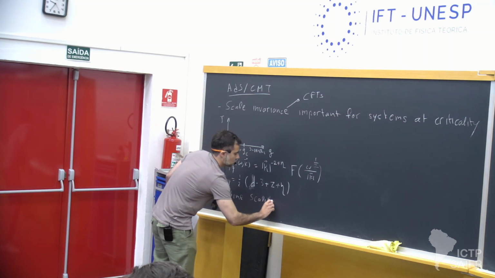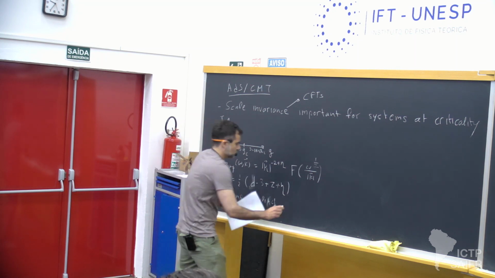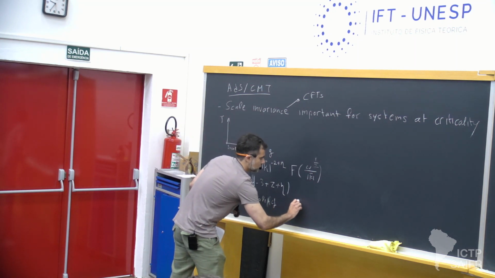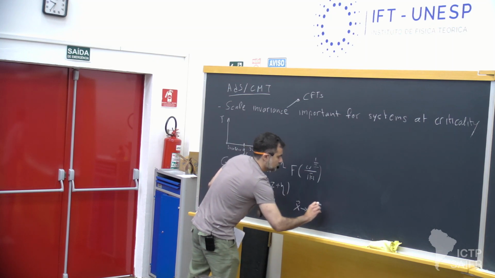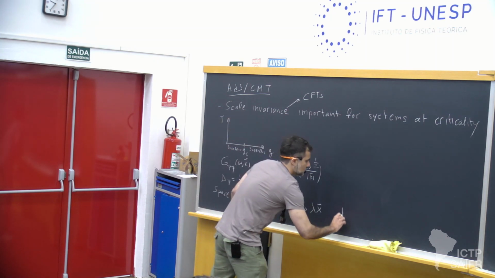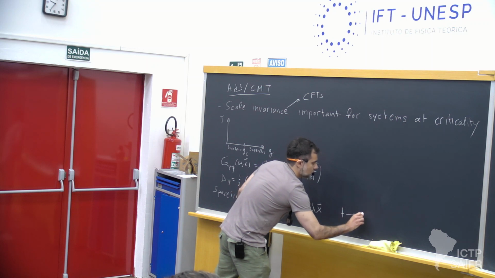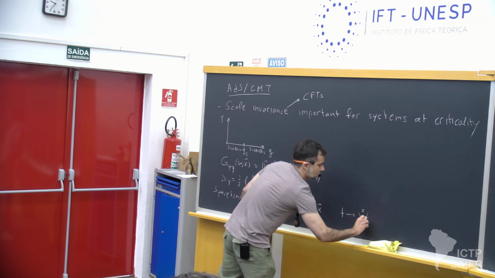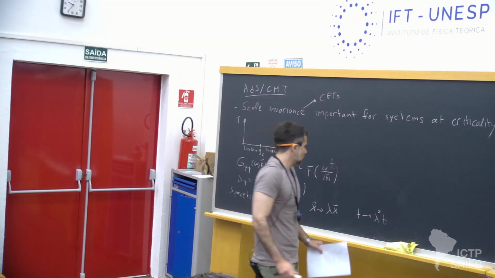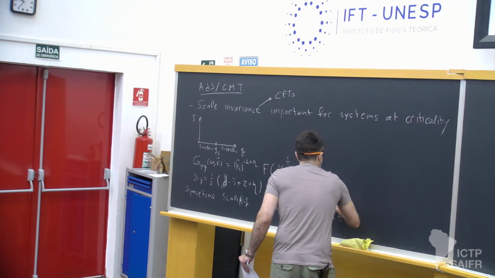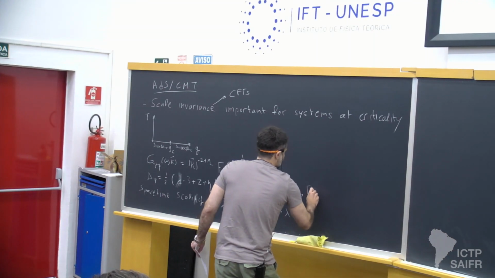if I go to coordinate space, which is telling you that the spatial coordinates scale with some parameter lambda, but time will scale with the same parameter to the power z, t goes to lambda to the z times t. And this z is what we call the dynamical critical exponent.